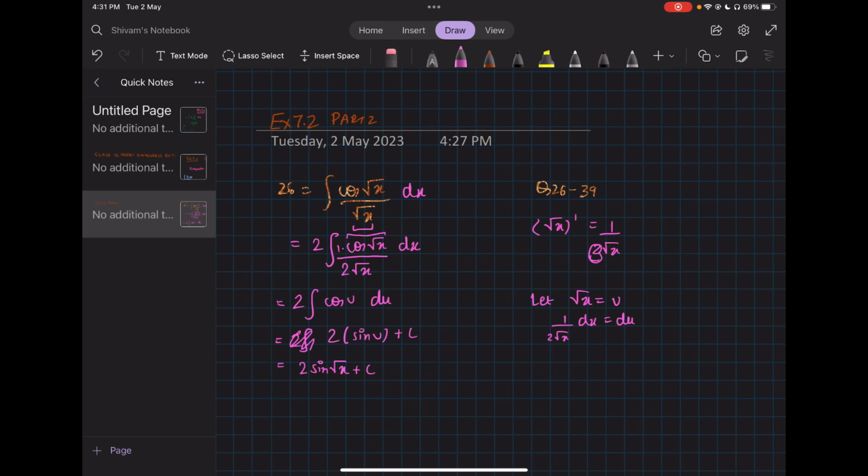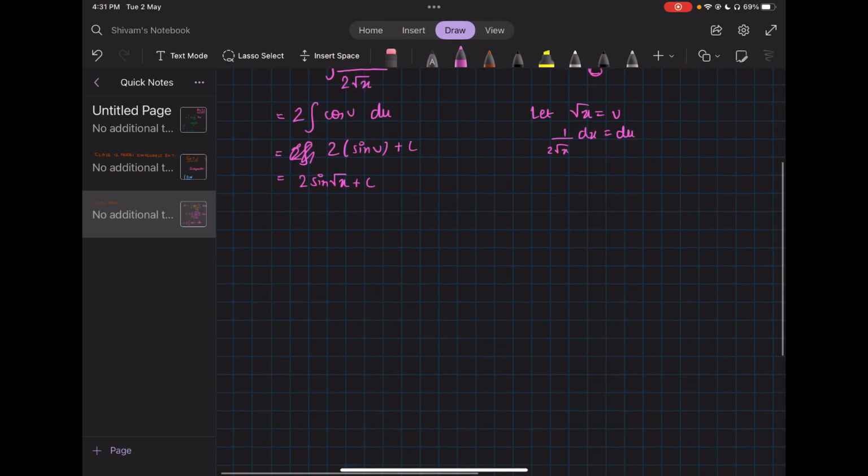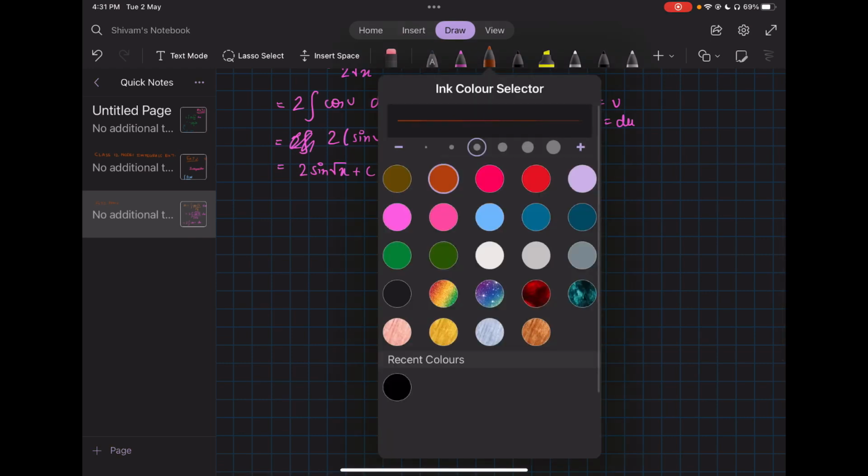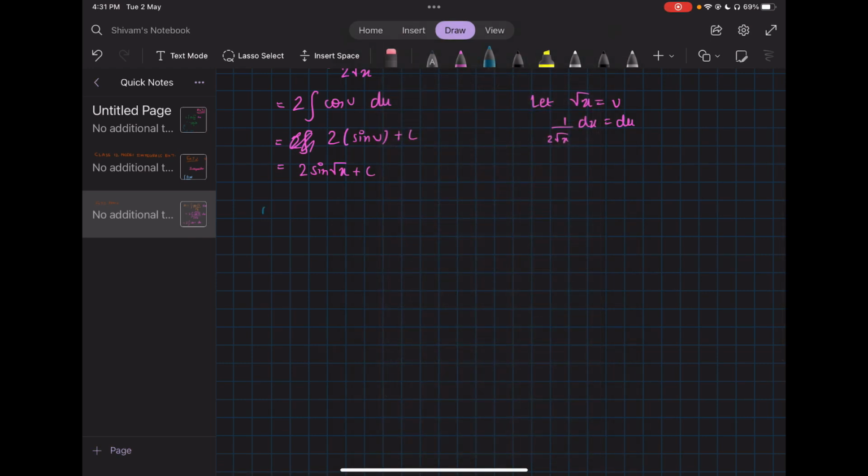Alright. So now moving on to the next question. That's gonna be question number 27. Question number 27 reads, we have to integrate sine 2x, root sine 2x times cosine 2x with respect to x.